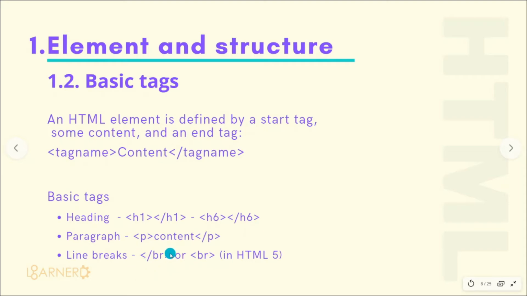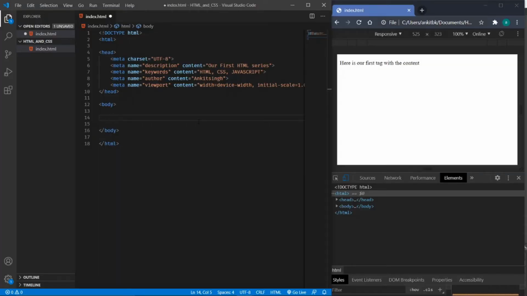It can be written like this, or it can be written with just a BR tag in HTML, and this BR tag is usually written in HTML5. So let's just see it in action. Heading tags, we have six ranges of headings, and the reason behind having six ranges, I will just show you in action. So first we will go with the H1 tag.